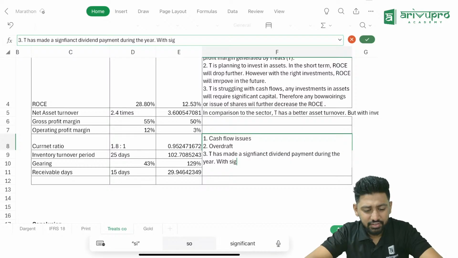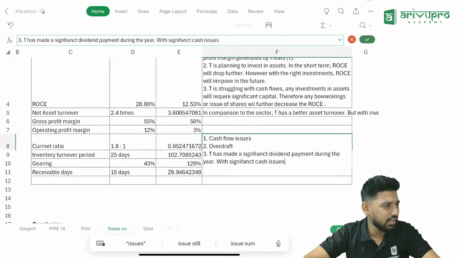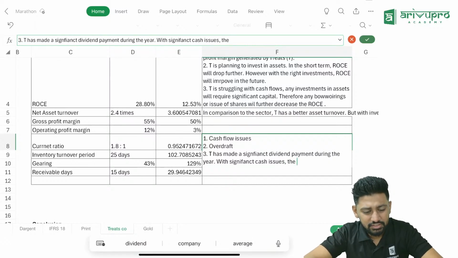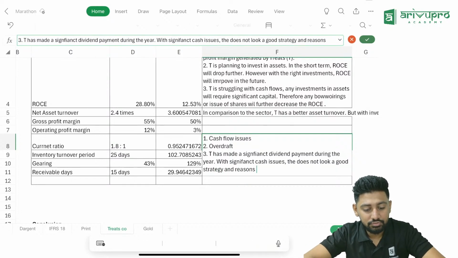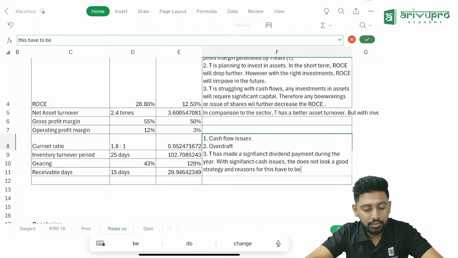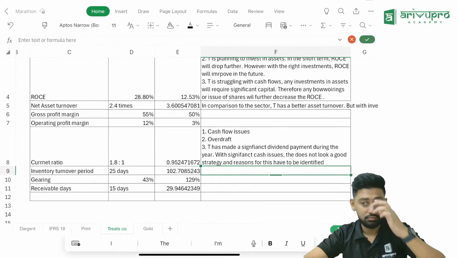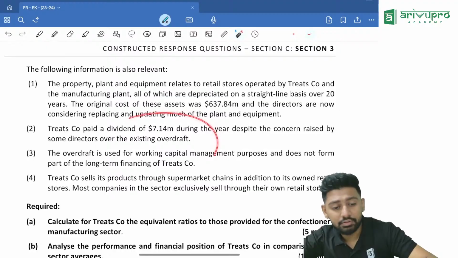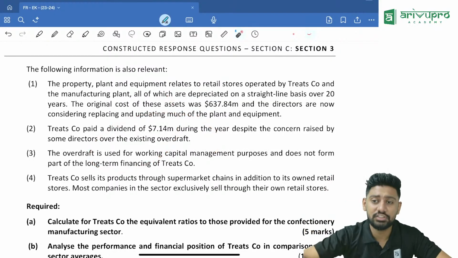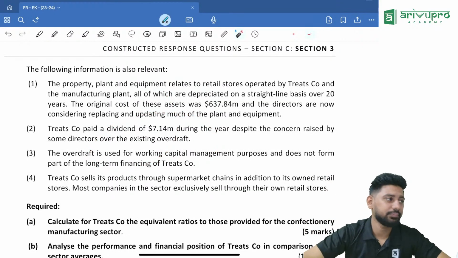With significant cash issues, this does not look a good strategy. And reasons for this have to be identified. Because they're not giving us a reason. Because even when directors have stopped, they have just said no, there were concerns, but nothing is addressed.